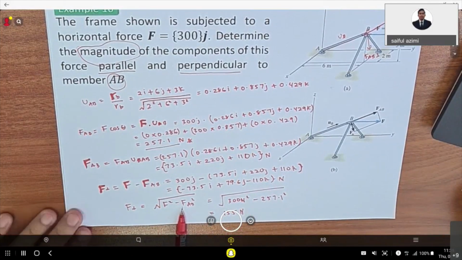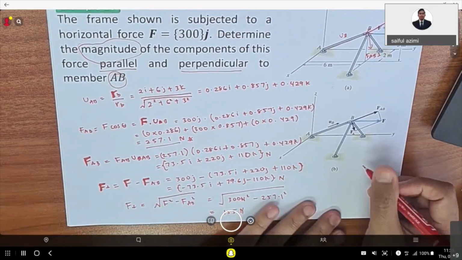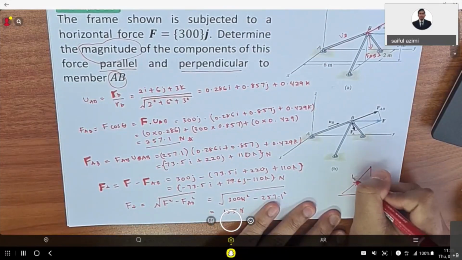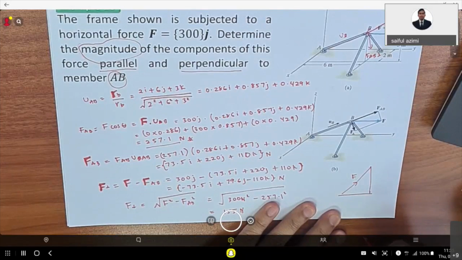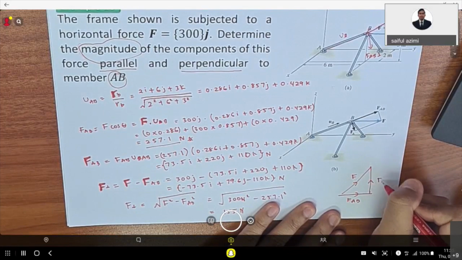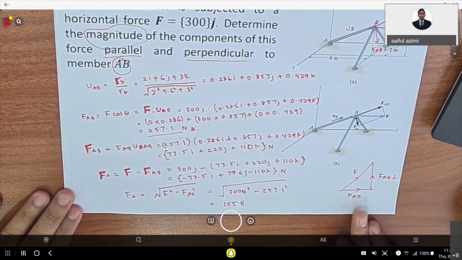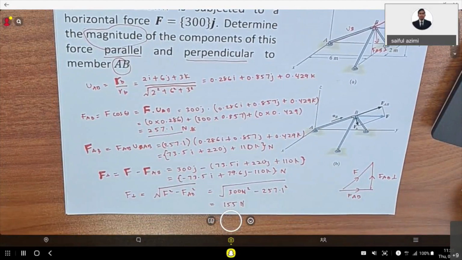Okay, Pythagoras. First it is this. Now this is F, and then this is FAB, and this is the FAB perpendicular, right? So this is how you can find the force or the magnitude.